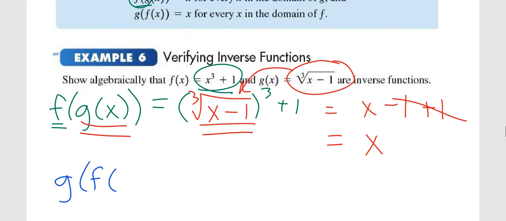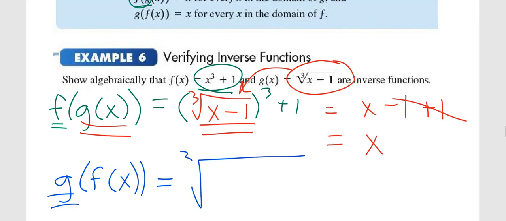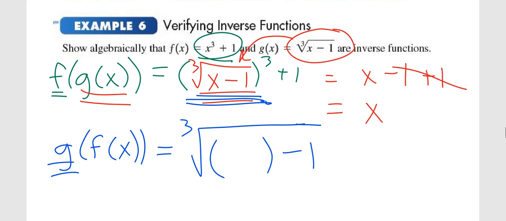G of f of x. What does the g function, the one on the outside, tell me to do to everything I plug into it? Cube root of something minus 1. Oh, back up here, folks, those parentheses were useful because the cube and the cube root canceled each other out. I forgot to say that.